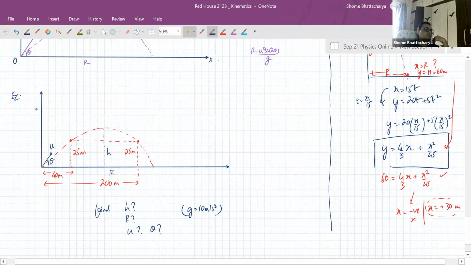So see how you can make use of equation of trajectory over here. Don't try to get into the time-based equations, because that will land you in a lot of trouble. You'll have to assume some time t1, t2 at these two points and then eliminate them and all that. So it becomes a huge hang on.